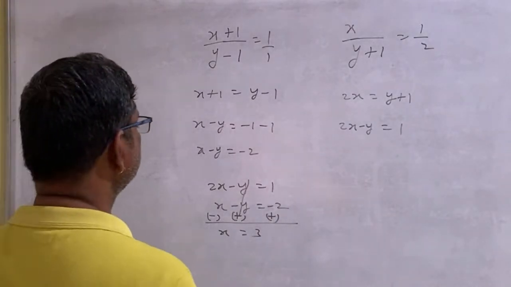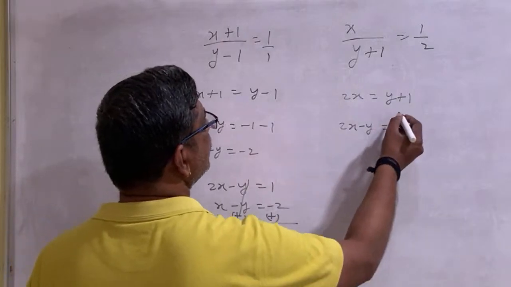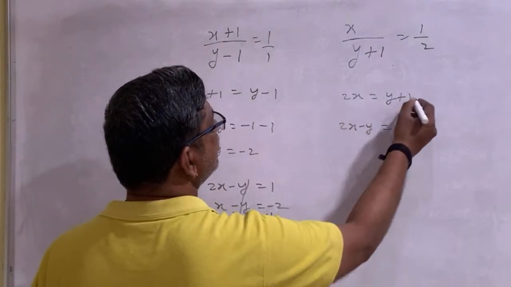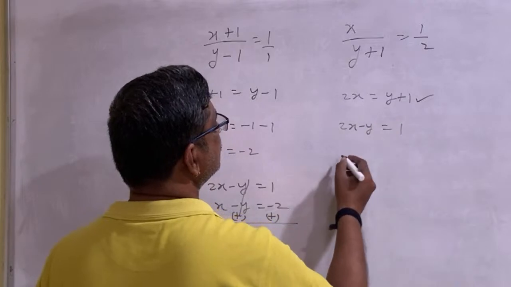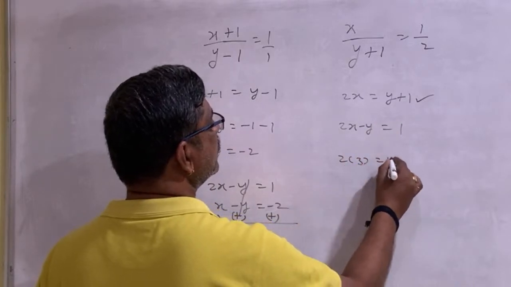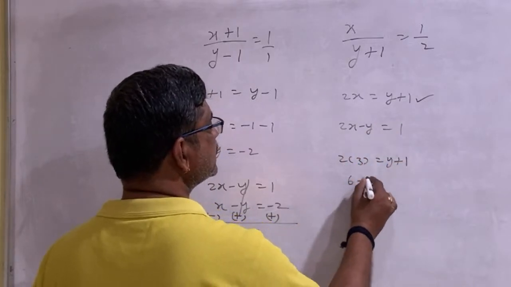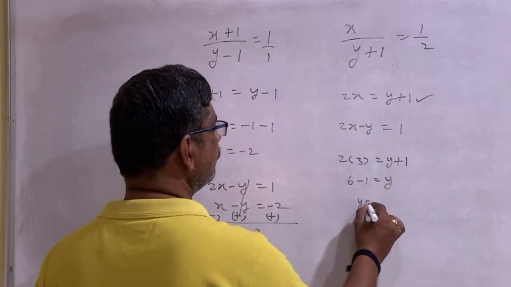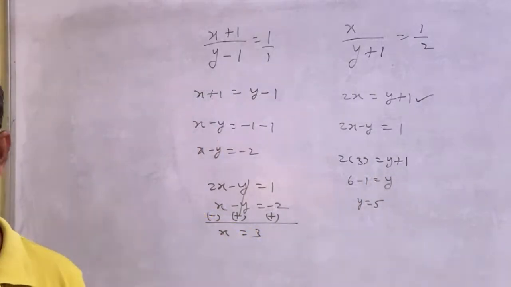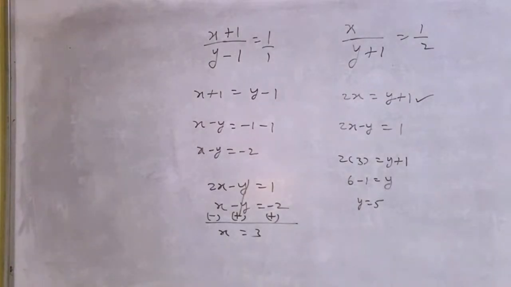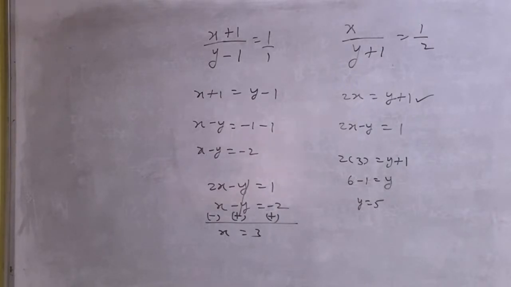You can substitute here or here, your wish. 2 into 3 is equal to y + 1. 6 - 1 = y. y is 5. x is 3, y is 5. Okay?